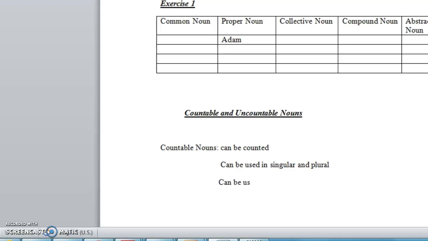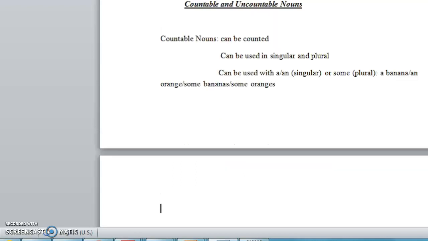Can be used with a or an if they are in singular form, or some if they are in plural form. Let's write an example. For example, a banana, an orange, some bananas, and some oranges. Okay? So this is for number 1, which is countable nouns.